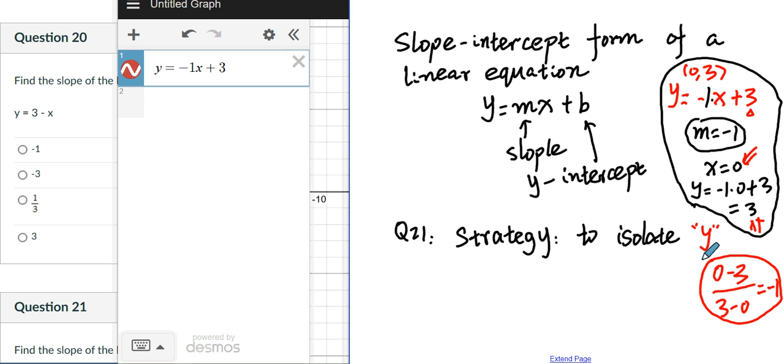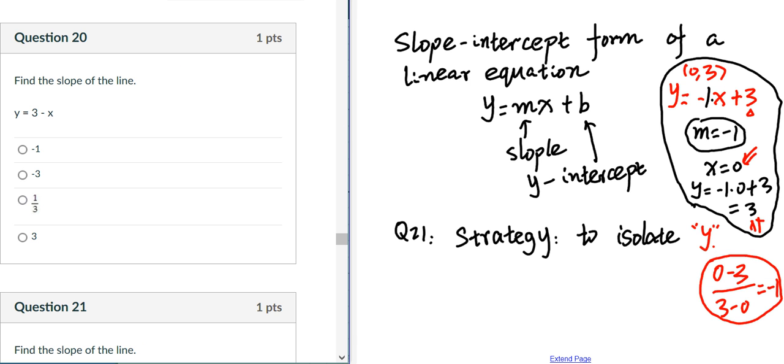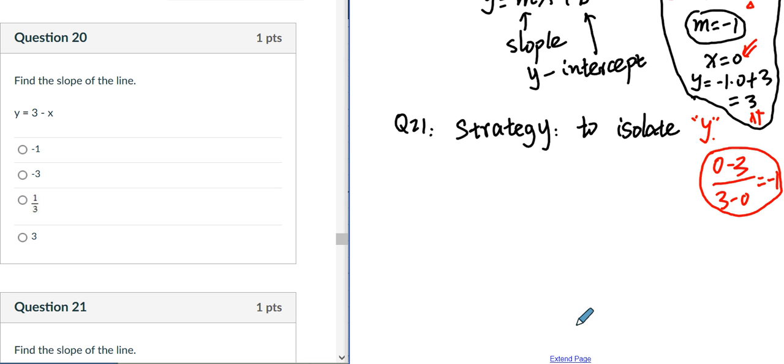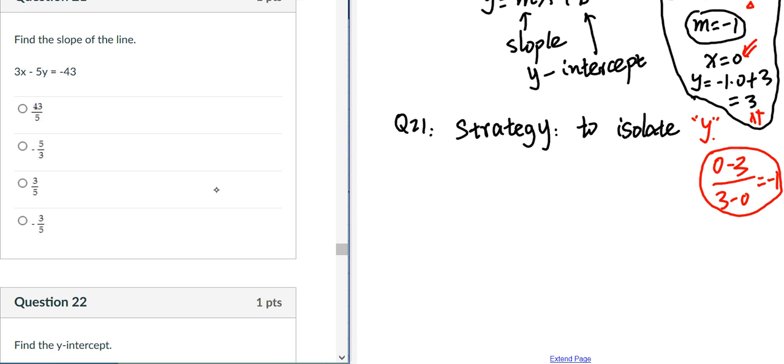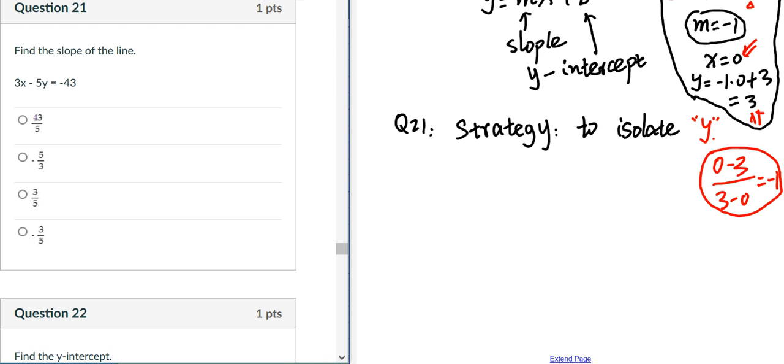All right. Now, let's look at our question 21 here. We just need the slope. But too bad, for this equation, we do not have y standing alone on one side.